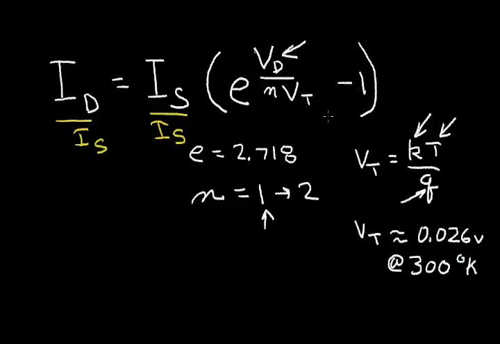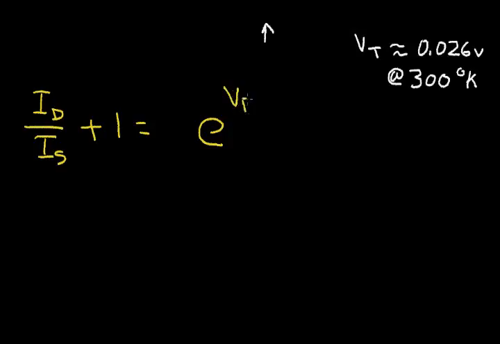We can move the 1 over to the other side. So let's rewrite that as I sub diode divided by the saturation current I sub S, and we'll bring the 1 over to this side, and it'll become plus 1, equals e raised to the V diode divided by N V sub T.